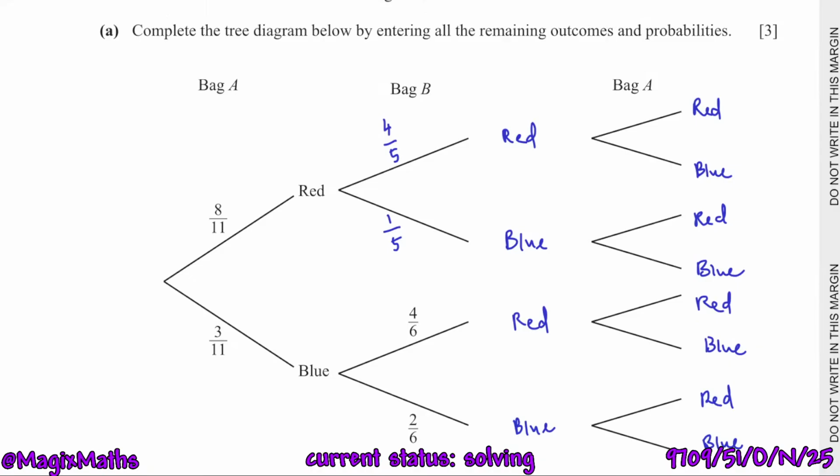So if it's red, after we took out a marble from here, we'll be left with 10 marbles. Then we take out a marble from B, and we took out a red, so we discard that marble. We don't put it in bag A, so it remains 10.